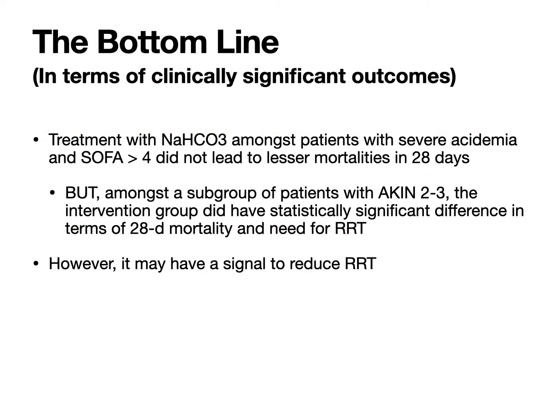Now, the bottom line of the study, in terms of clinically significant outcomes, is that treatment with bicarbonate amongst patients with severe acidemia and a SOFA score of more than 4 did not lead to lower mortality at 28 days, but when they looked at the subgroup of patients with AKIN 2 to 3, the intervention group did have a statistically significant difference in terms of 28-day mortality and a lesser need for renal replacement therapy.